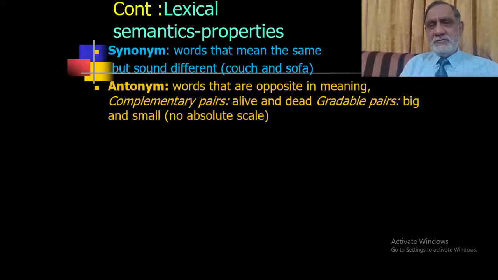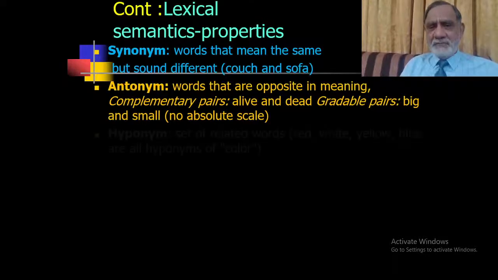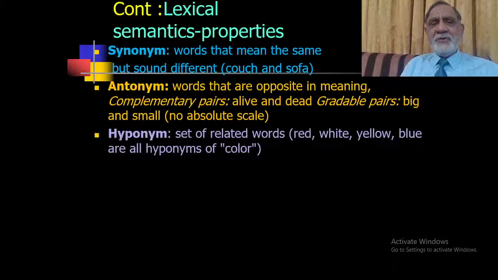Antonyms, another property: words that are opposite in meaning. Alive and the opposite meaning is dead. Big, small. Another property is hyponyms.